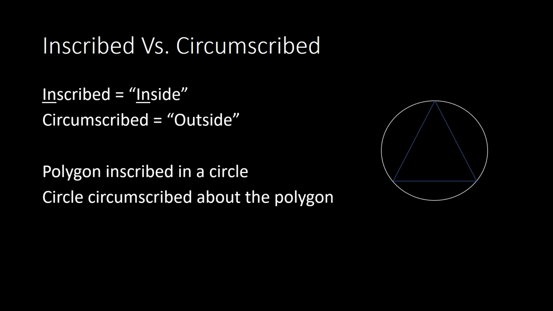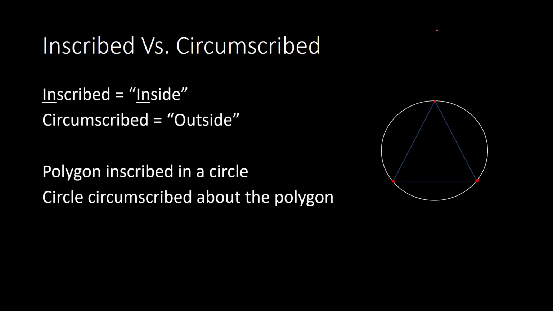Now, to be more specific here, with inscribed and circumscribed, not only does a shape need to be inside or outside to be inscribed or circumscribed, but also the circle needs to be touching every vertex of the polygon. So we see here, this vertex is touching the circle, this vertex is on the circle, and then this vertex is on the circle as well.